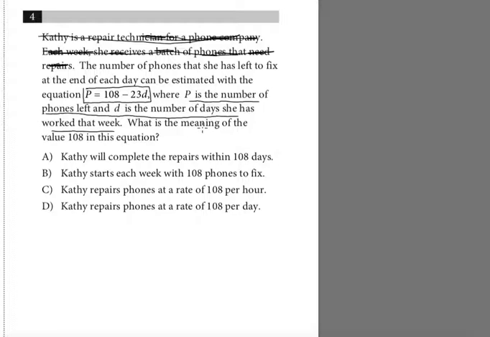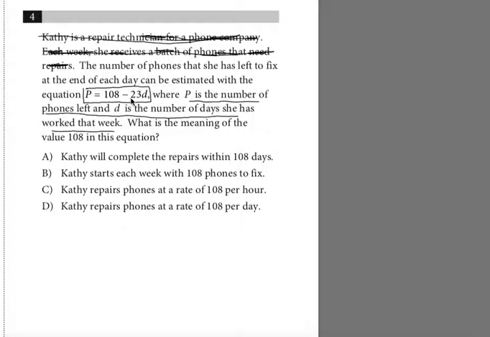And so let's kind of take a step back, okay? And let's figure out what 23D means, alright? So it tells us D is the number of days she has worked that week, okay? And it tells us P is the number of phones left, okay? So it's telling us minus 23D, and D is the number of days she worked that week. Alright, just think about that for a second.